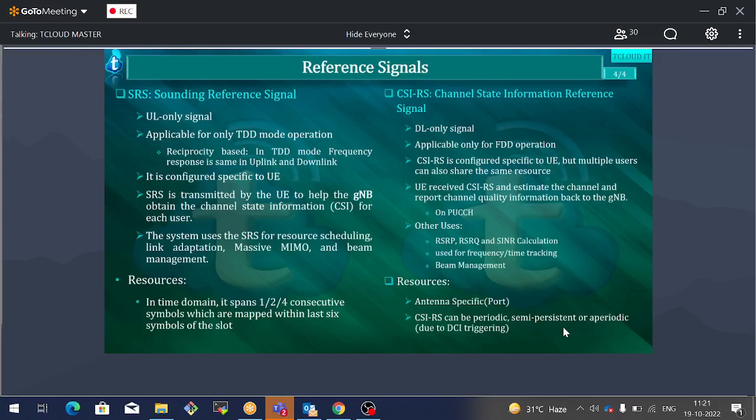The idea behind this is that the channel conditions in uplink and downlink are the same for TDD, as it is the same frequency that both the mobile and G-Node B are transmitting. For example, if the G-Node B transmits the sounding reference signal, the mobile receives it and estimates the CSI values from it.